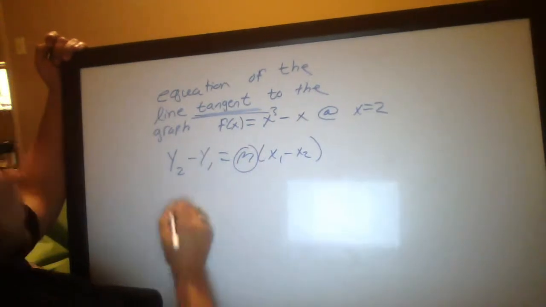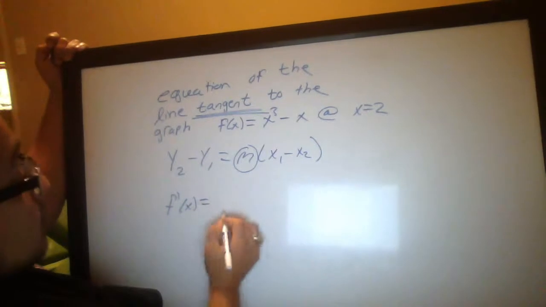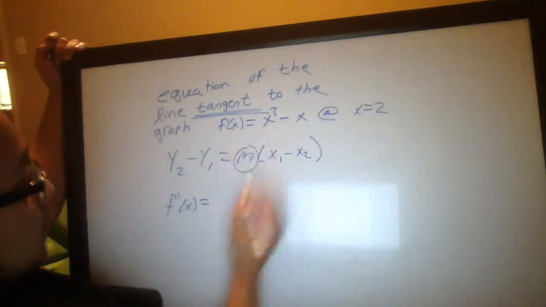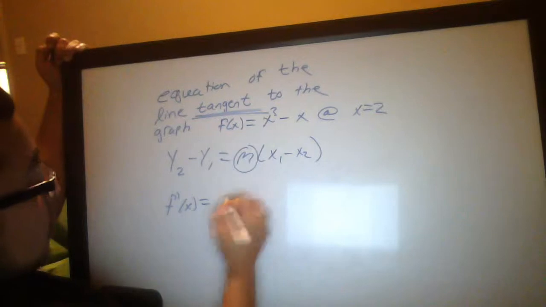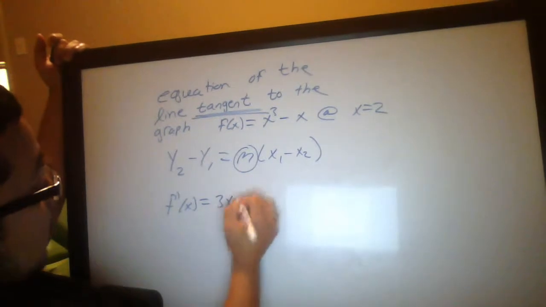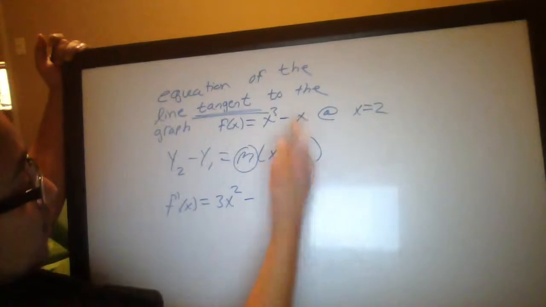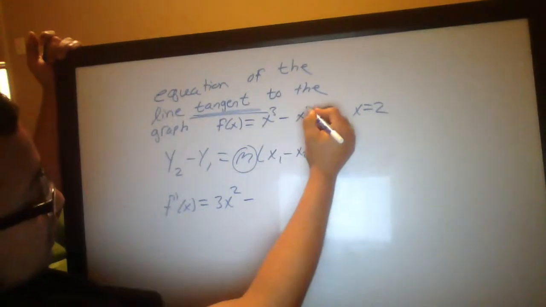So f prime of x is equal to 3 times 1, which is 3, x, and we drop the exponent by 1, so x squared, minus, we have an x with a power of 1.